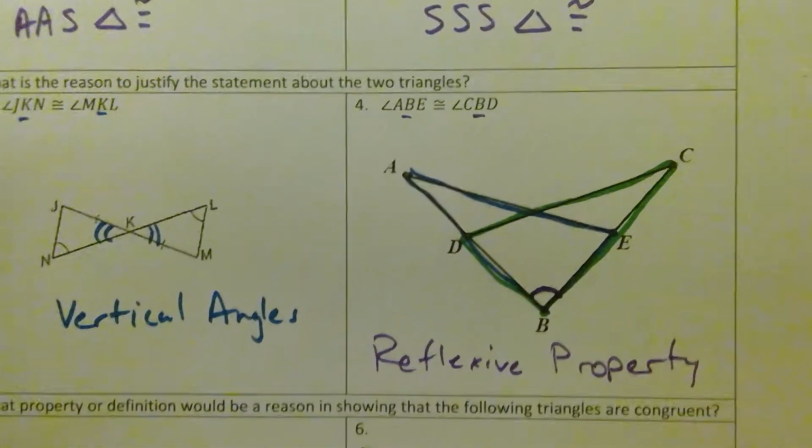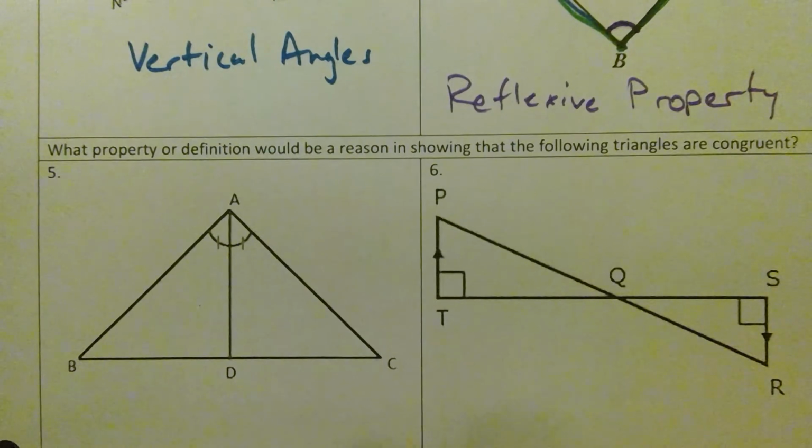All right, let's move on to numbers 5 and 6 here. Now, 5 and 6, they give us a bit of extra freedom of what we want to choose. So we're asked what property or definition would be a reason in showing that the following triangles are congruent. Now, for both of these pairs of triangles in 5 and 6, there are multiple possibilities. Okay, so we'll start with 5.